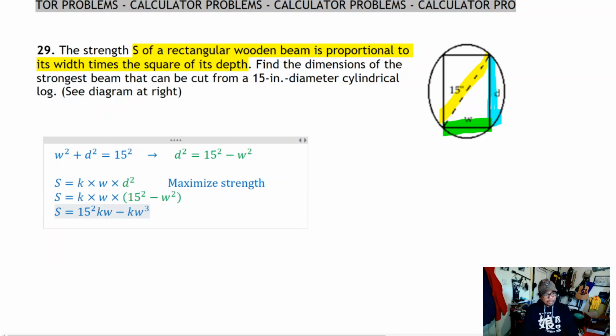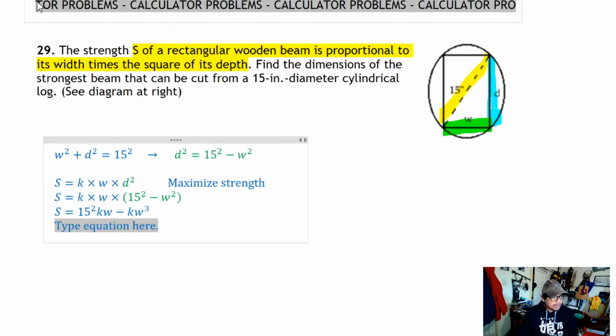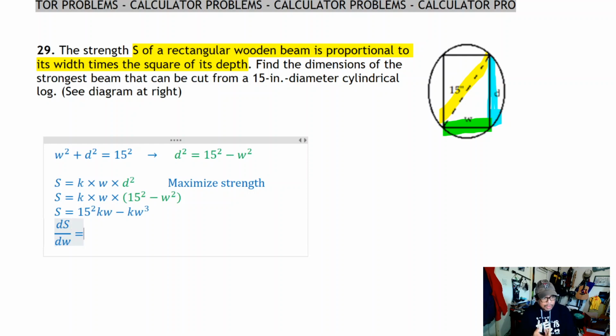So now we could take the derivative of S with respect to W. So that is dS/dW, and we should really make that capital S. dS/dW is equal to, now 15 squared is just a number, K is just a number, so I can just make that 15 squared K is the derivative of that.